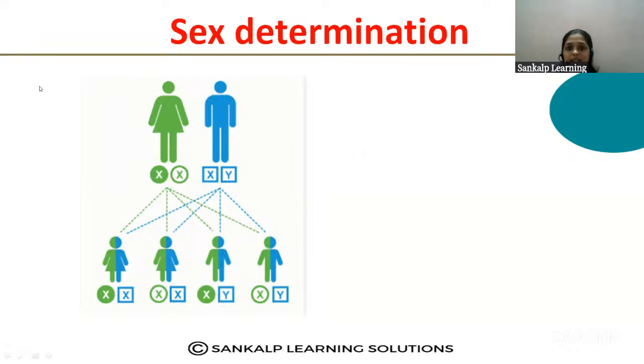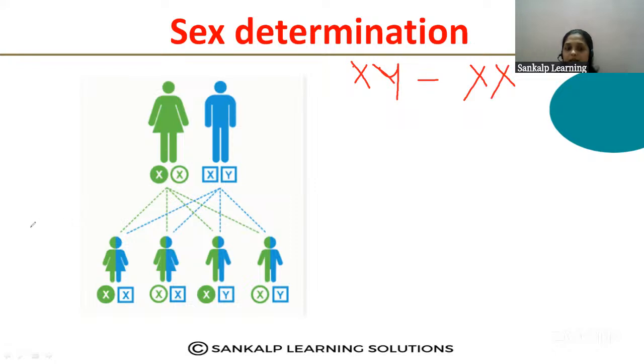Sex determination: you know the ploidy of the zygote is 2n, that is diploid. Males contain XY chromosomes, and in females we can observe XX chromosomes.